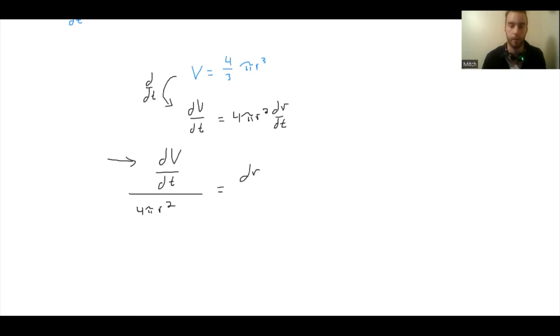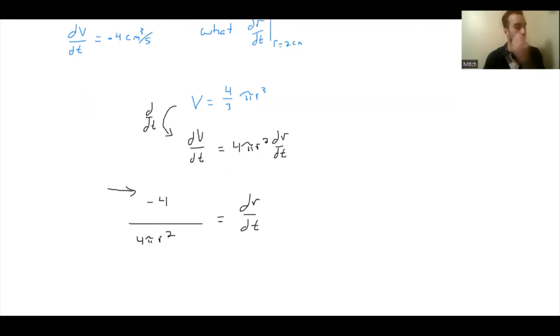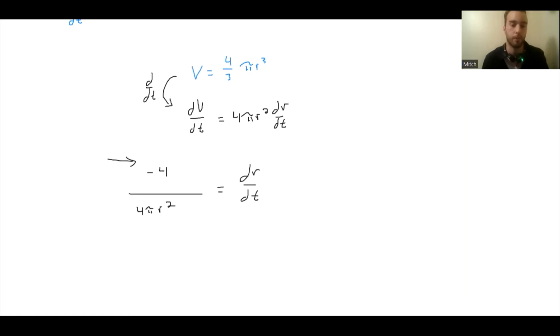So the very last step is we just sub in these numbers. So this dV by dt is going to be our negative 4, and this r is going to be 2. So this is just going to give us negative 1/4 pi, because this is 2.